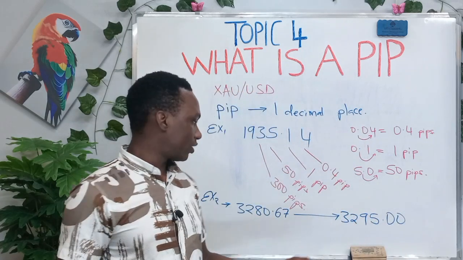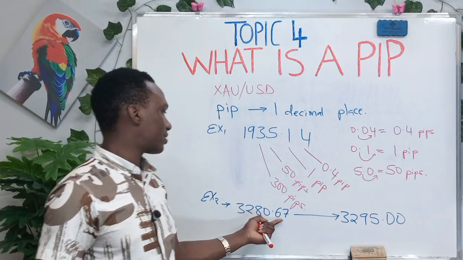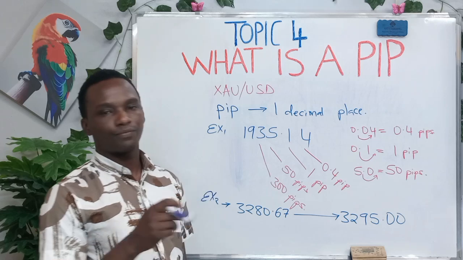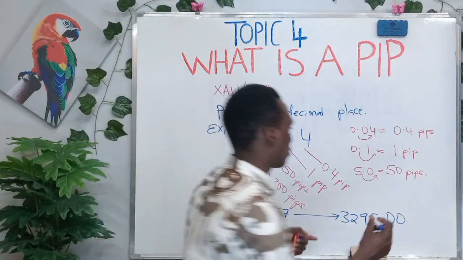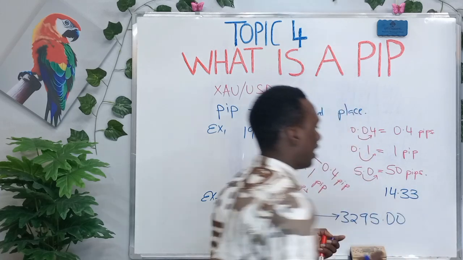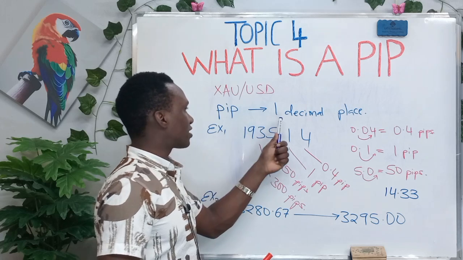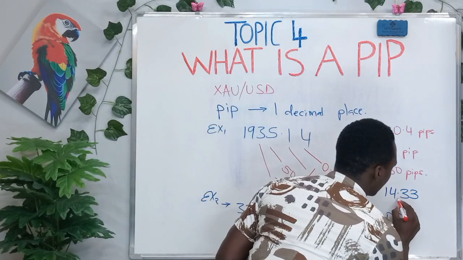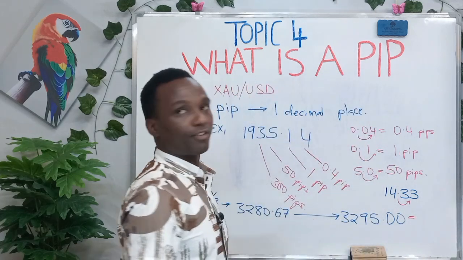Can someone calculate the difference between 3280.67 and 3295.00? 14.33. Yes, that was quick. 14.33. All right. So we said that the pip is expressed to one decimal place. So we move it to here. How many pips do we get out of this difference?